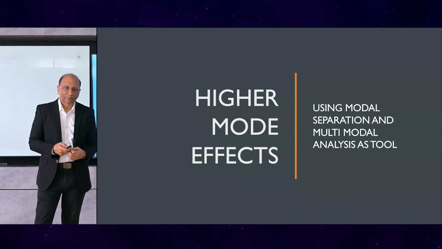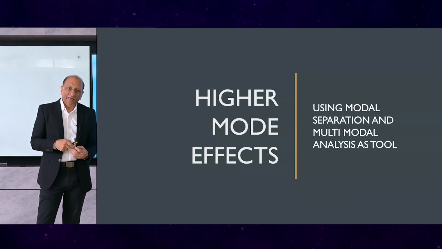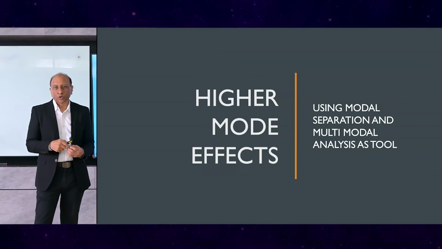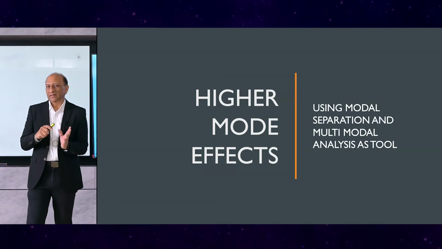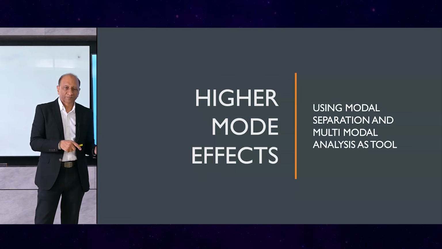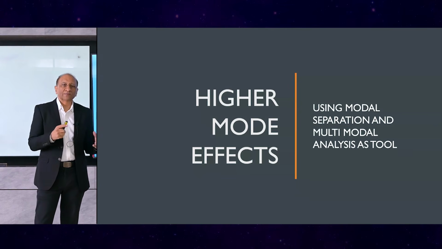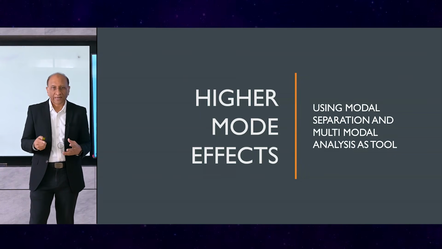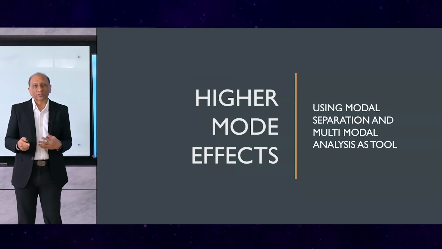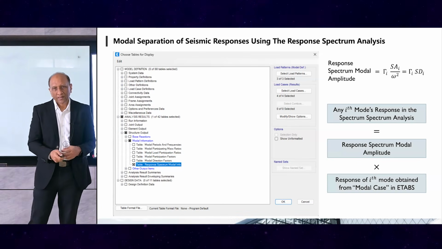So that brings me to the higher mode effects. The higher modes that tall buildings have behave very differently than the first modes. Typically, most of the design methods and design procedures are based on the first mode response.